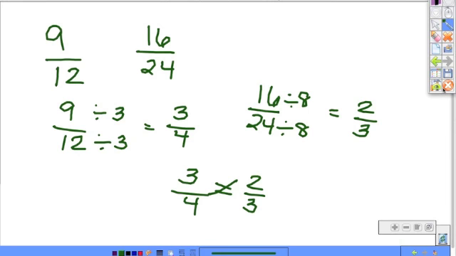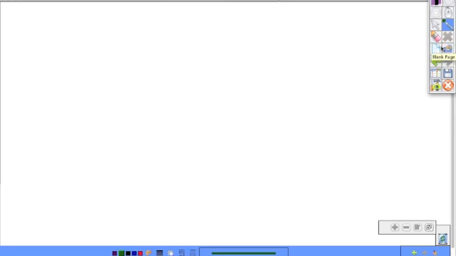Okay? All right, let's try one more. Okay, what if I have to write a fraction in a different format? There's different ways of writing ratios, I should say. What if I had 15 cows to 25 sheep?